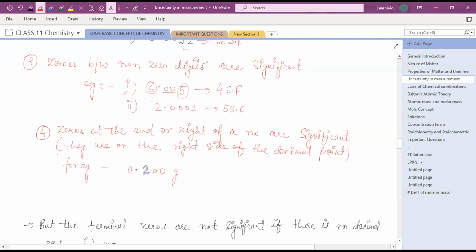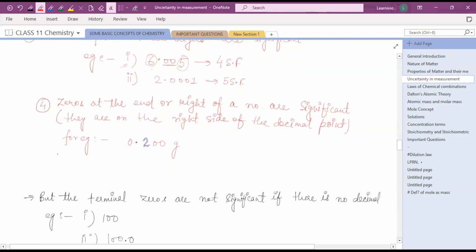See the fourth rule. Zeros at the end or right of a number are significant. If the zeros are on the right side of the decimal point and they are after the non-zero digits, they are considered significant figures.